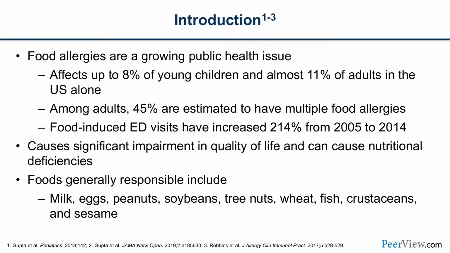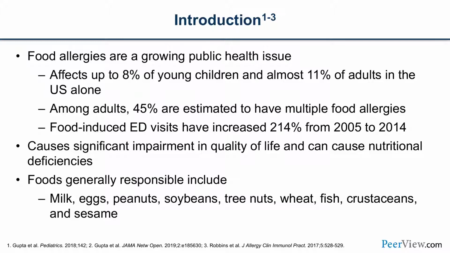Food allergies are a growing public health issue. They affect up to 8% of young children and almost 11% of adults in the US alone. Among adults and children, 30 to 45% of food allergic patients have multiple food allergies. Food-induced emergency room visits have increased over 200% over the last few decades.